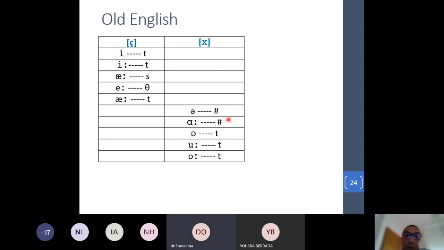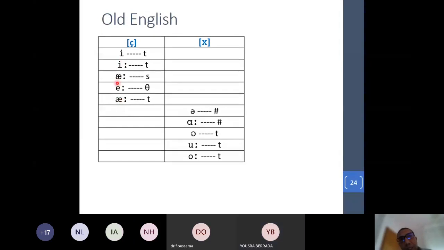So the right environment is not the determining environment, but let's have a look at the left environment. We can see that we have different vowels. For the palatal variant, we have front vowels. Yeah, all these are front.